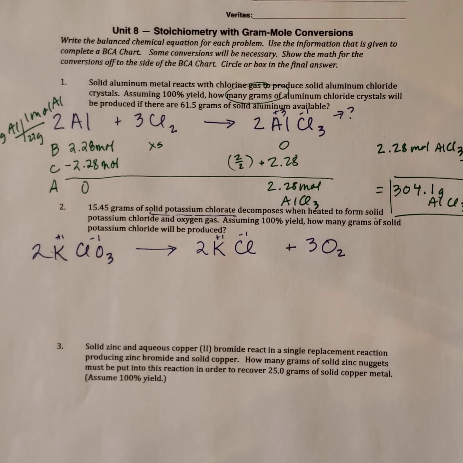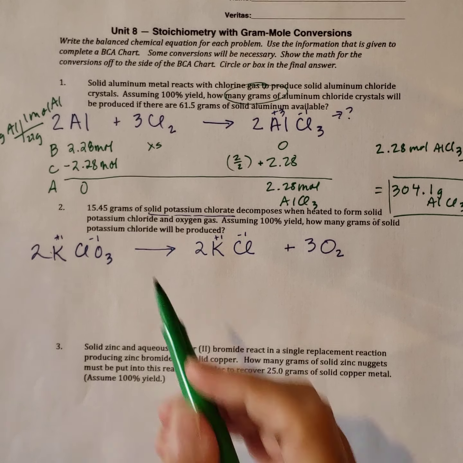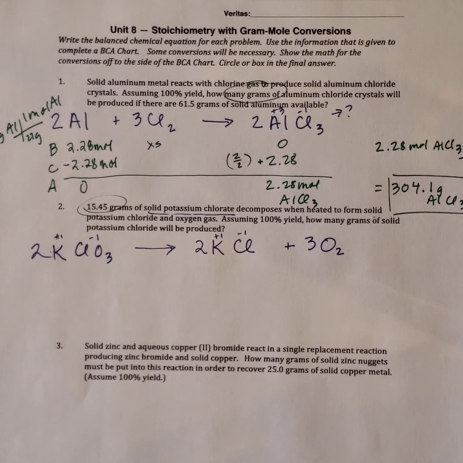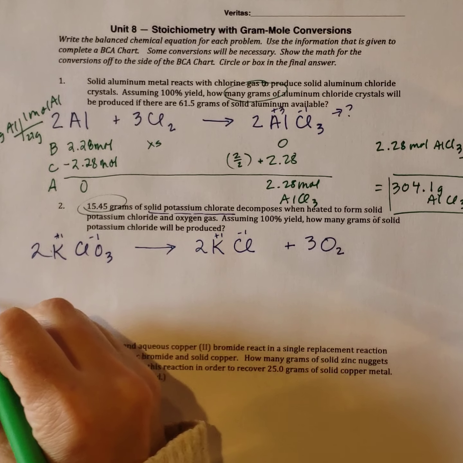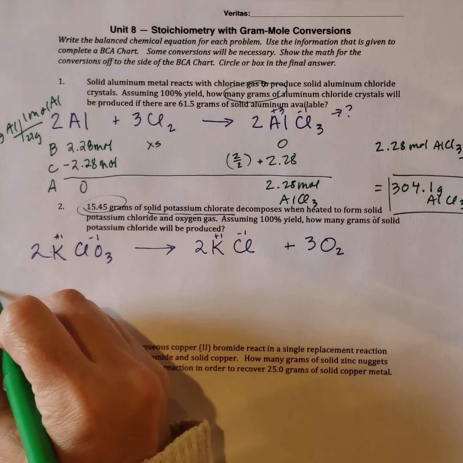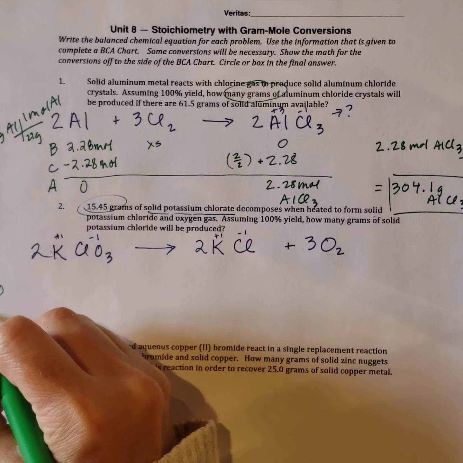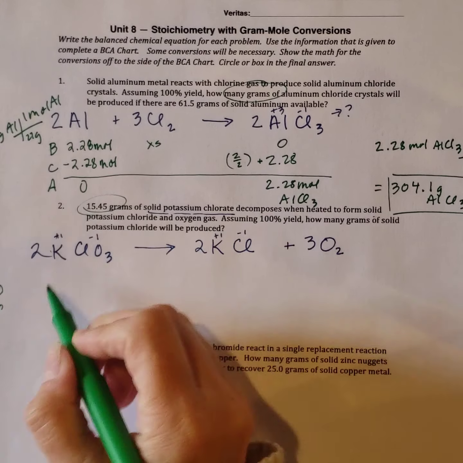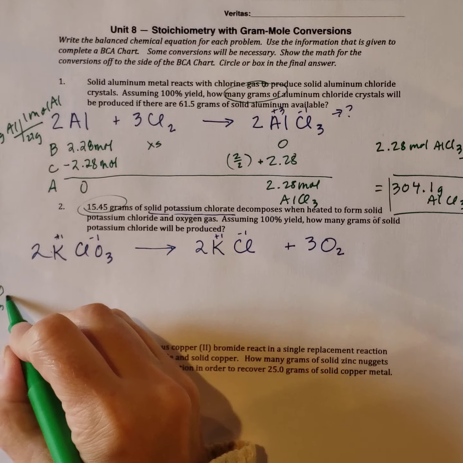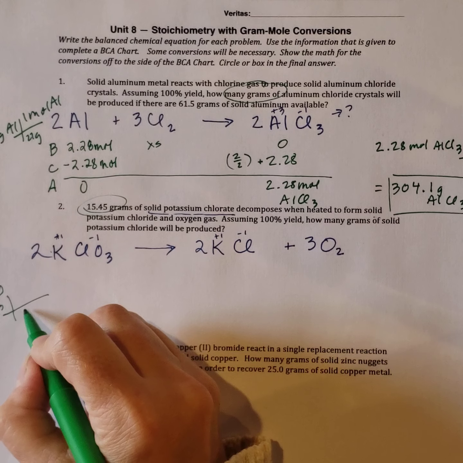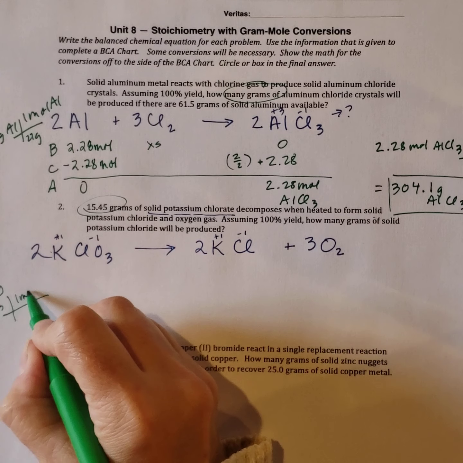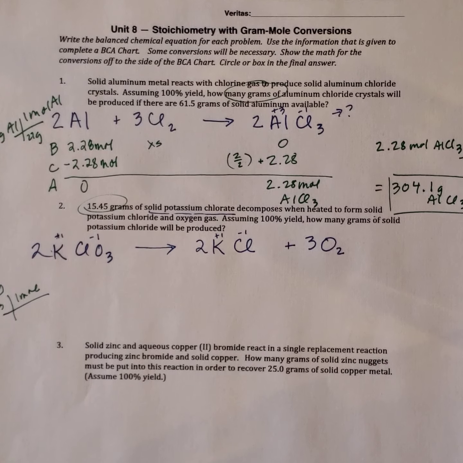So let's look at what we're starting with. We're starting with 15.45 grams of solid potassium chlorate. So 15.45 grams of KClO3. I need to change that to moles because I put the moles in my table. So 1 mole KClO3.